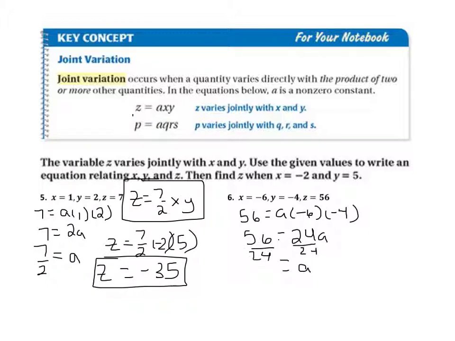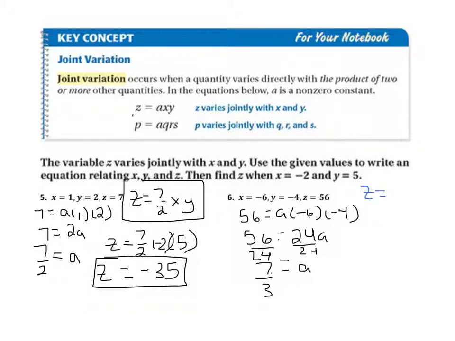So I get, oh, that's going to be a fraction. Let's see. 7/3. So then plug it in. So here's my equation first.